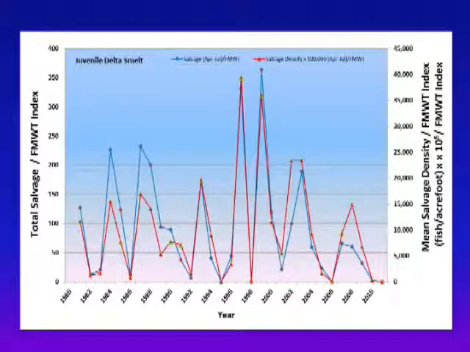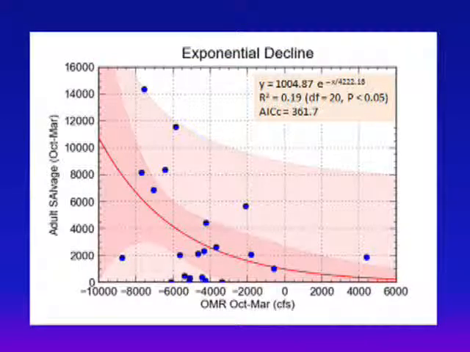Adjusting again for the salvage per spawner, we also see large numbers. And now the relations between the Old and Middle River.